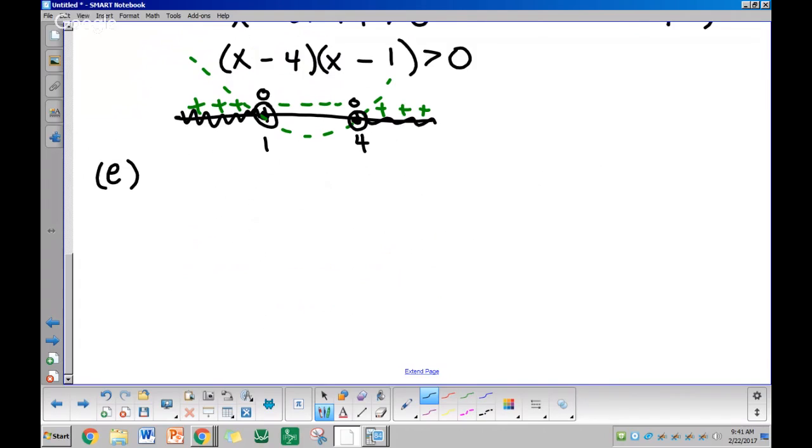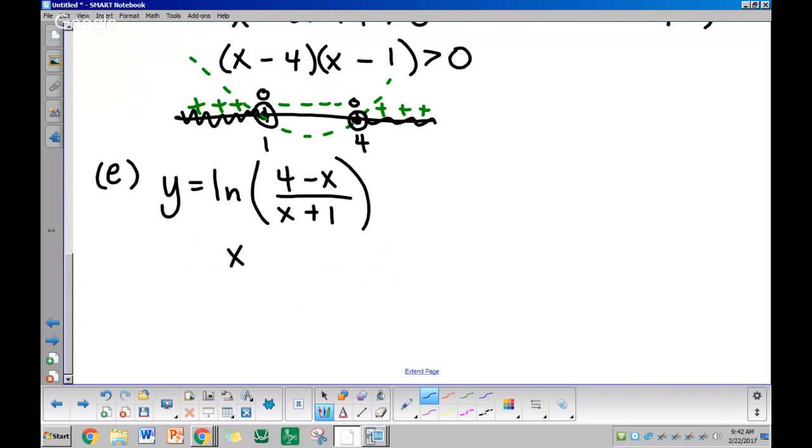This is going to help you with the problem of the week. Doesn't matter what base it is. 4 minus x over x plus 1 has to be greater than 0.